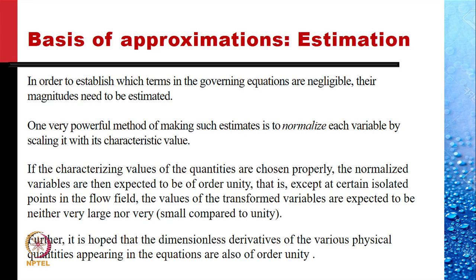Further, it is hoped that the dimensionless derivatives of the various physical quantities appearing in the equations are also of order unity. This last is a very important hope, a very important requirement.